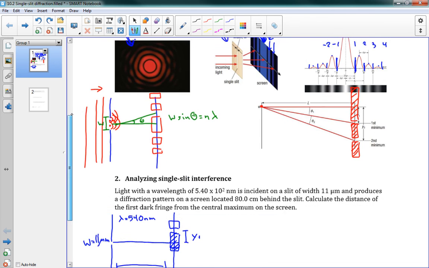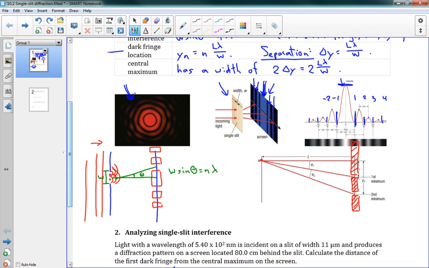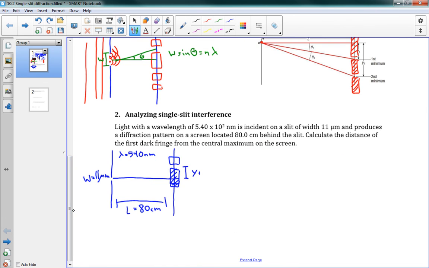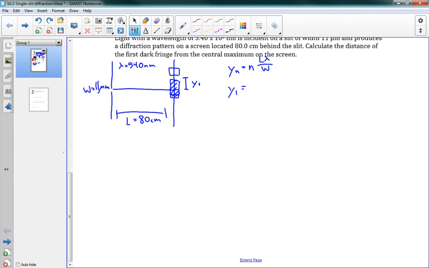If we look above here, the dark fringe location equation, yn equals n times L lambda over W. That's our equation. And we want to solve for y1. So y1 equals 1 times, we've got 80 centimeters times lambda, 540 nanometers, all over our width is 11 micrometers.